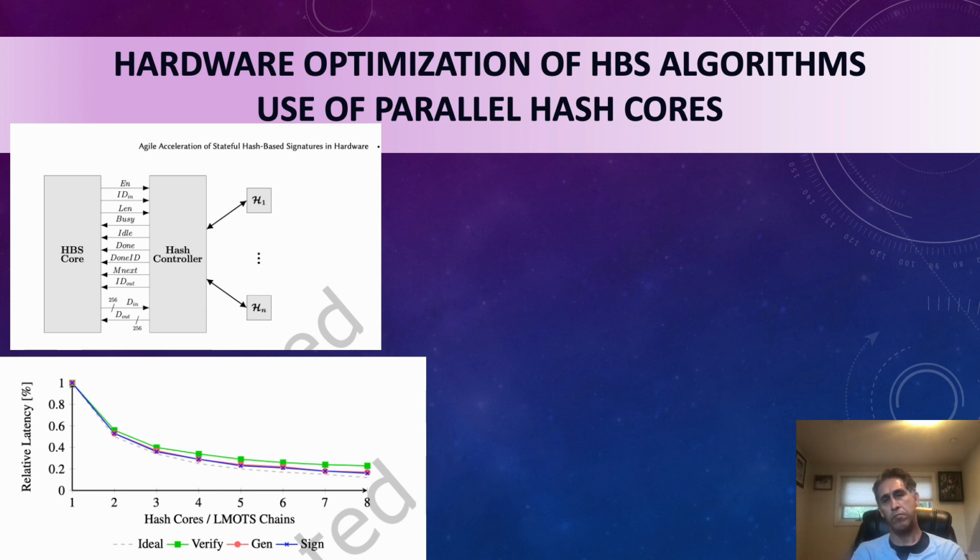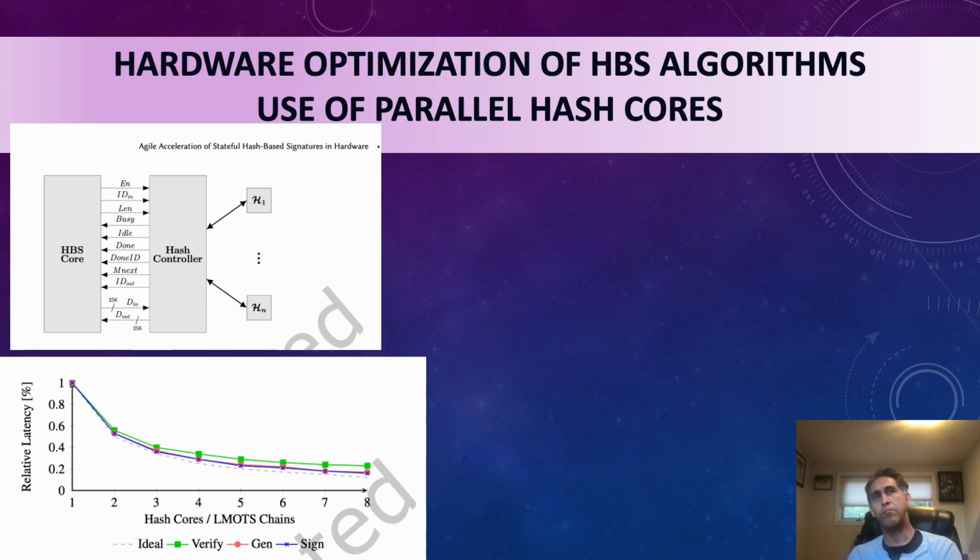That cannot be parallelized, and that makes a big difference. So what you can see is that the bigger the original message is, let's say you have a firmware of the size of 2 megabytes, that will diminish the return on investment on parallel hash cores.